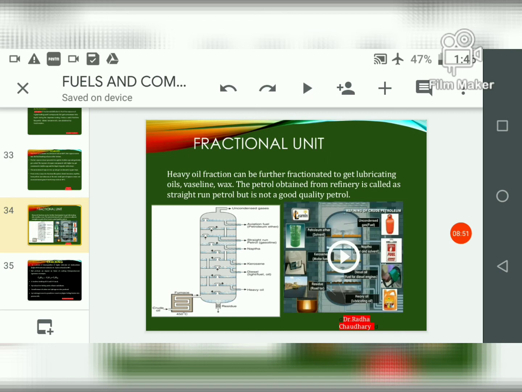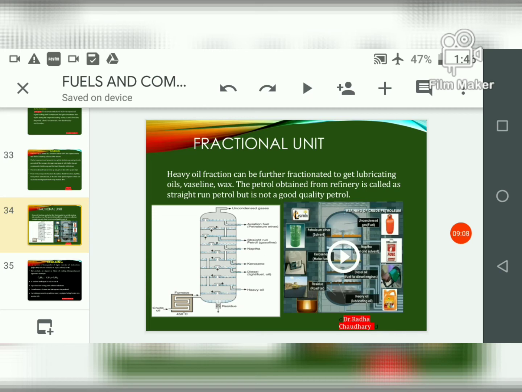This petrol or gasoline is obtained through the fractional distillation of crude oil between 40 to 120 degrees centigrade, and it's a mixture of hydrocarbons from pentane C5H12 to octane C8H18.